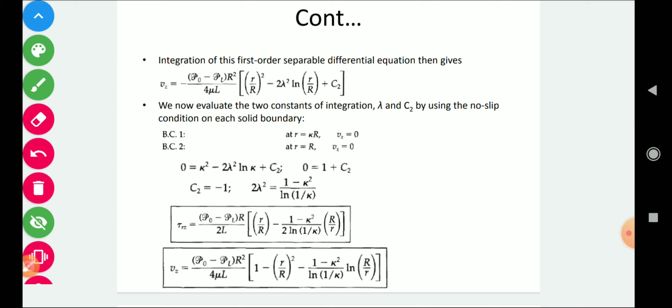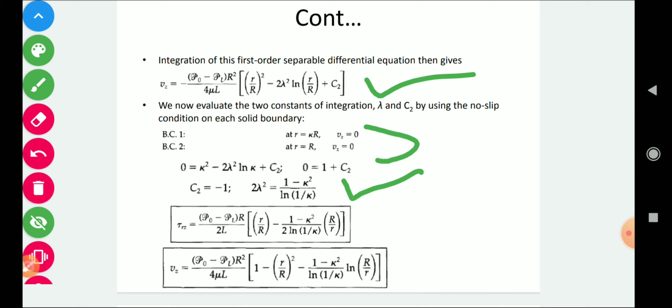So velocity at r equal to R and r equal to kR will be 0. So if we use these two boundary conditions in this equation, then we can calculate the value of C2 and lambda.